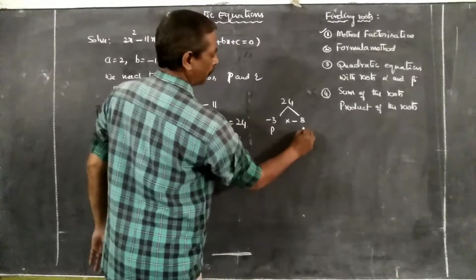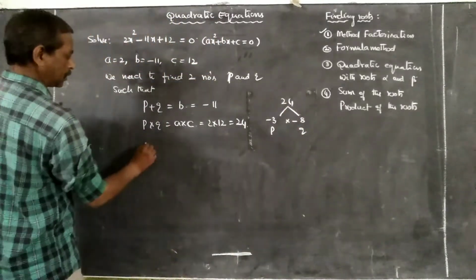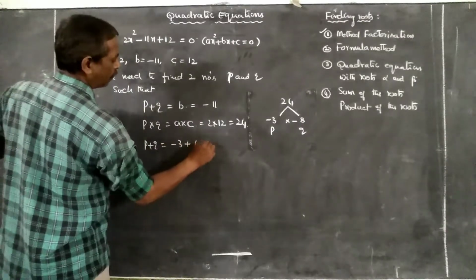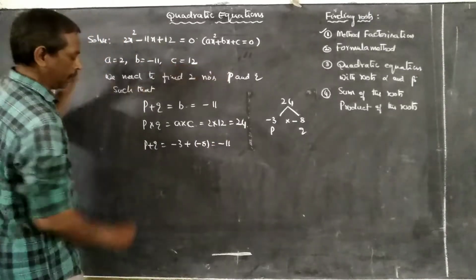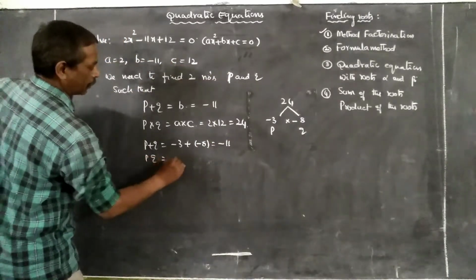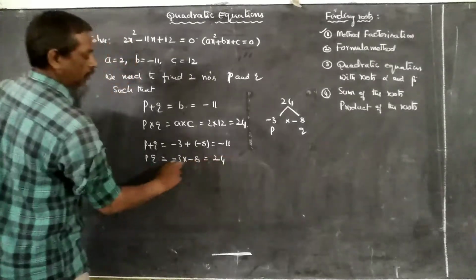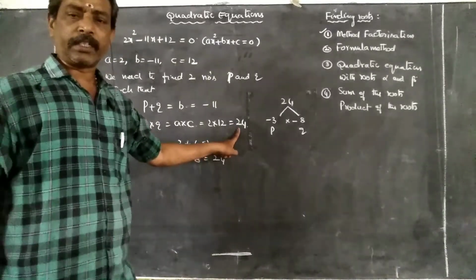So p equals minus 3, q equals minus 8. Therefore, what is p plus q? Minus 3 plus minus 8, that is minus 11, which is equal to b. P into q, minus 3 into minus 8, minus into minus is plus 24, which is equal to a into c.